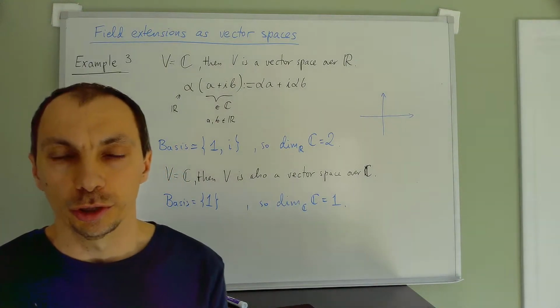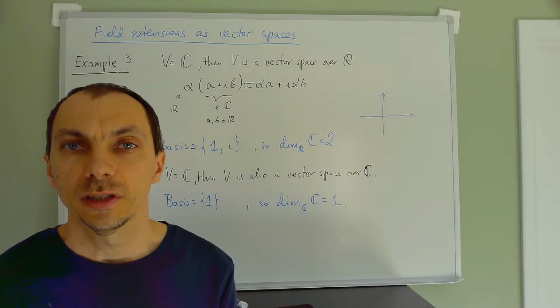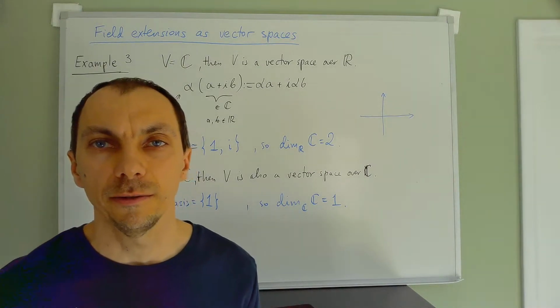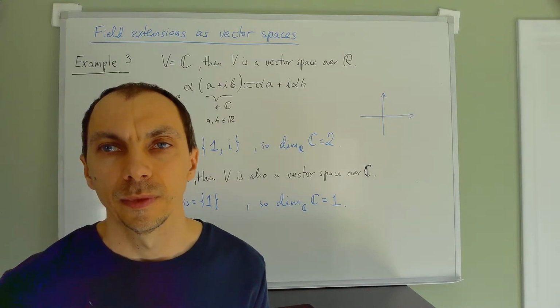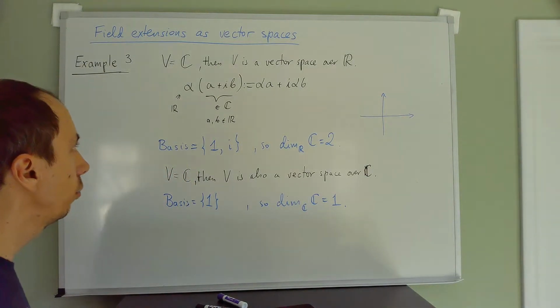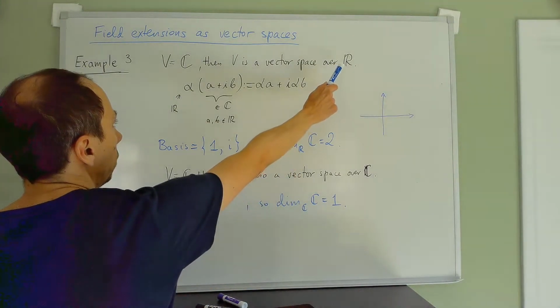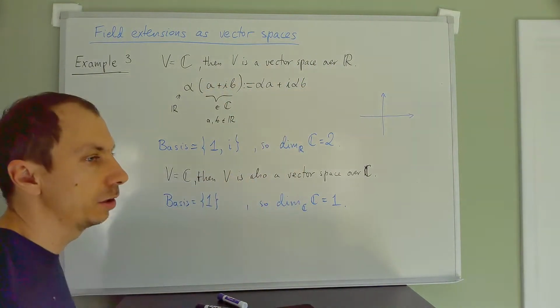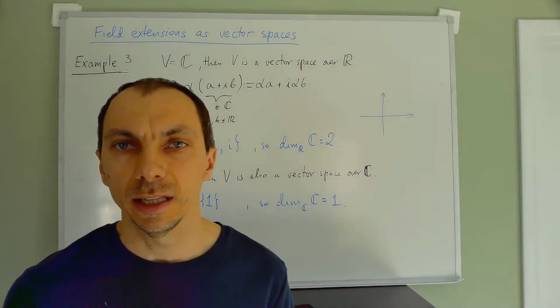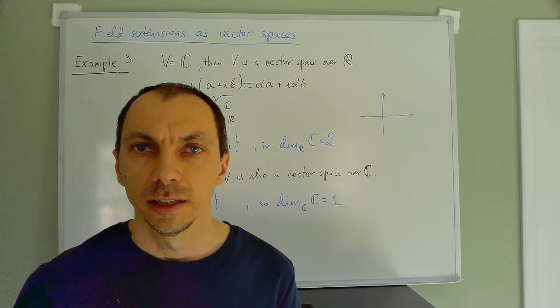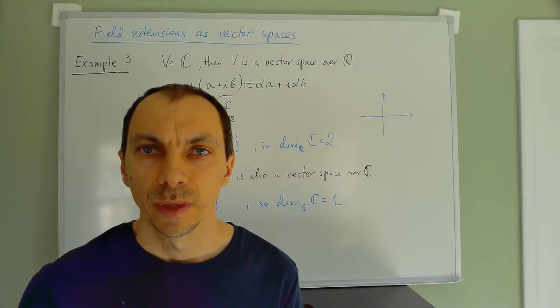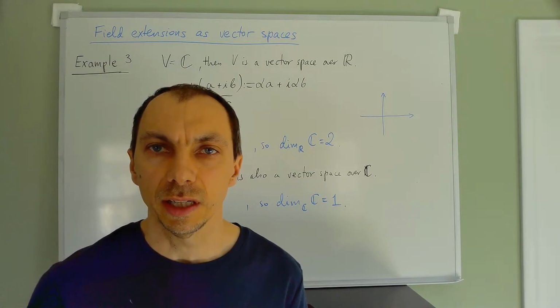And this is kind of a crucial example for us, because C actually started life not as a vector space over anything, but as a field. And we took a subfield of the complex numbers, namely the real numbers, and we treated these complex numbers as a vector space over this subfield. And it turns out that that's always the case.